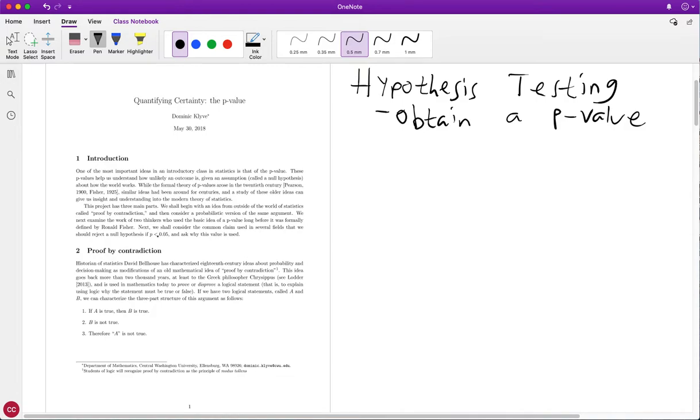A historian of statistics named David Bellhouse has characterized the 18th century ideas of probability using this proof by contradiction.